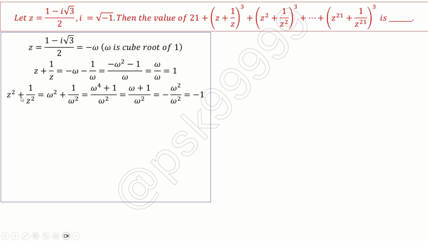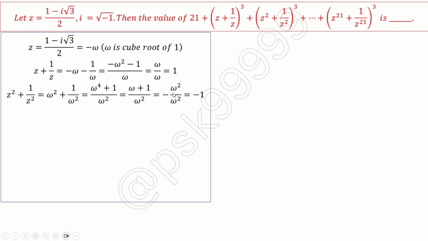What is z square plus 1 by z square? Similarly, you do it here. If you take LCM, you get (omega power 4 plus 1) divided by omega square. Omega power 4 is nothing but omega because omega cube is 1, so omega cube into omega, you can write this. This will become (omega plus 1) by omega square.